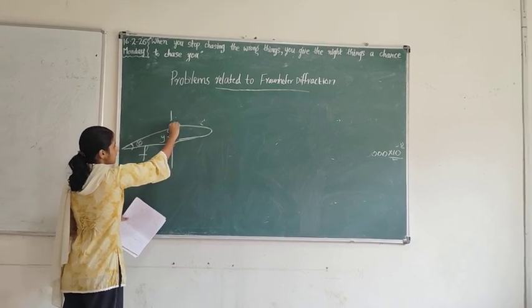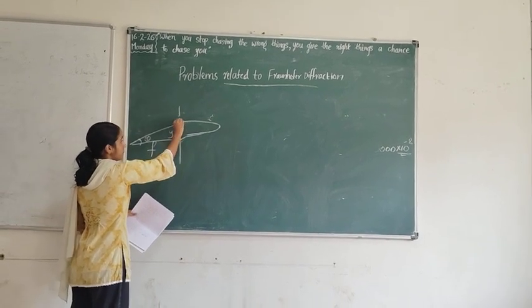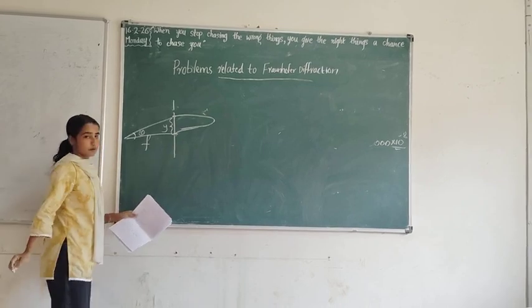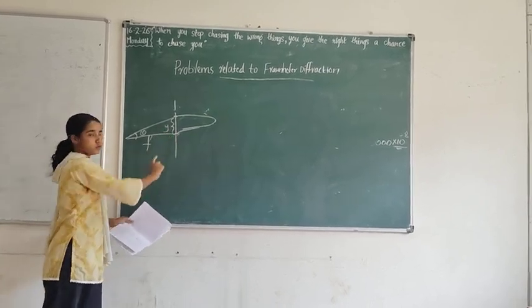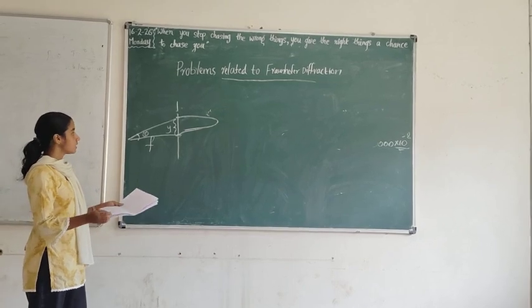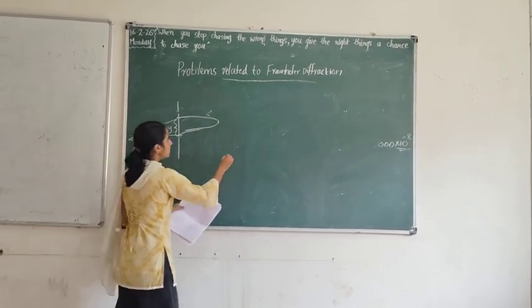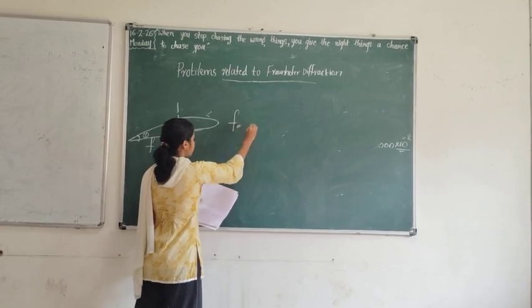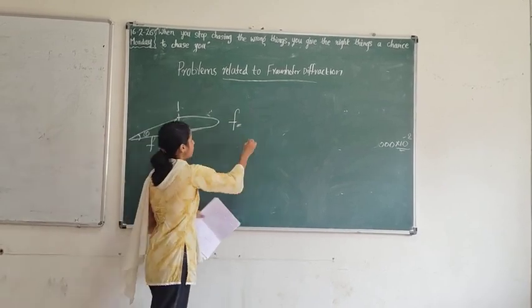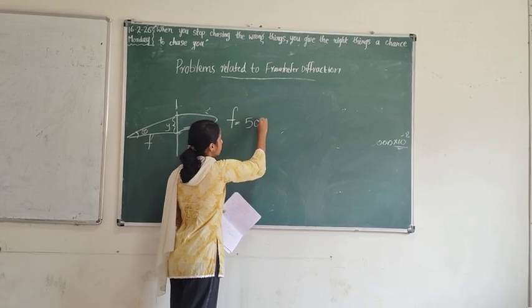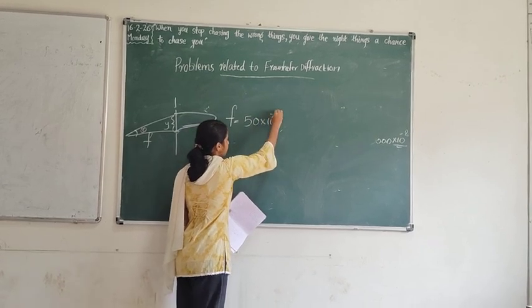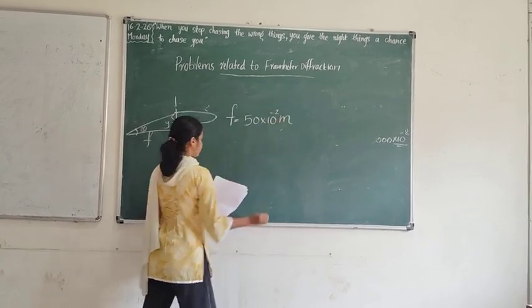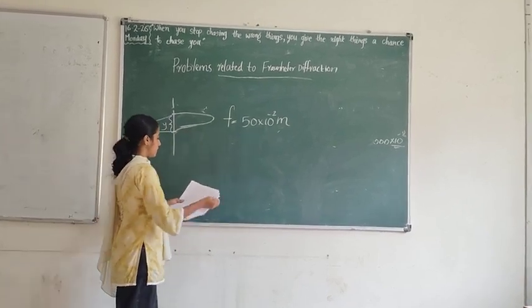Okay? Distance from minima to central maxima. We want to calculate this distance y. Okay? First, write the given data. F is equal to focal length. Here focal length F is equal to 50 centimeter. That is 50 into 10 raised to minus 2 meter. Right? Then given the slit width.